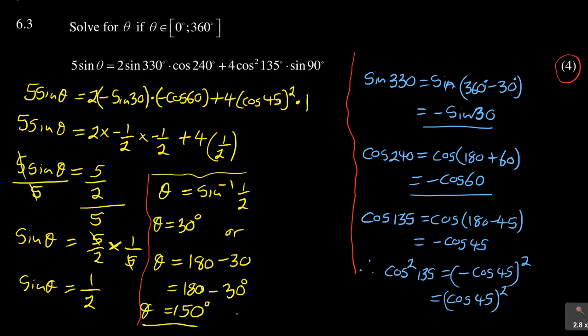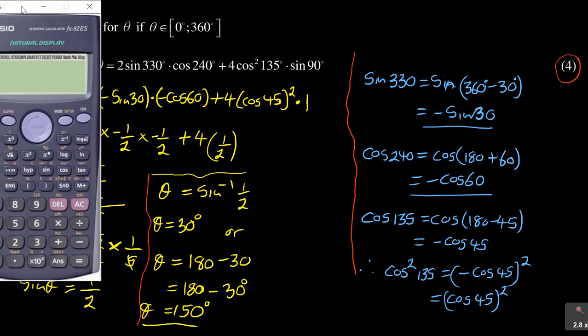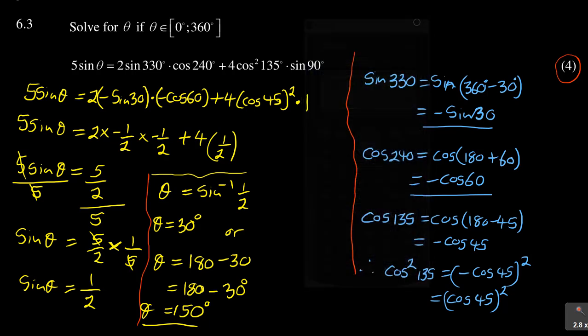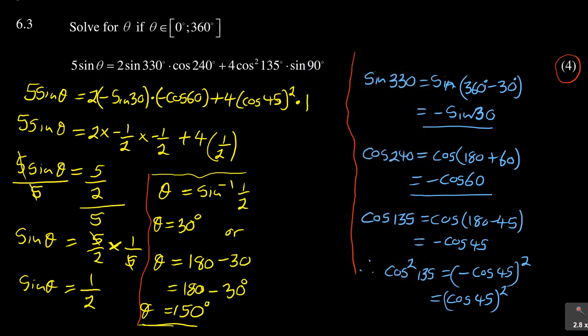You can even test it with a calculator: sin 30 gives me half, and sin 150 also gives me half. So these are the two answers for this particular solution, hence it was 4 marks.